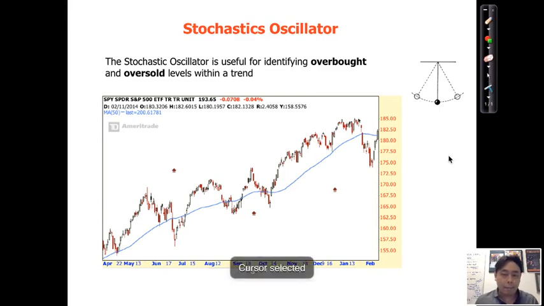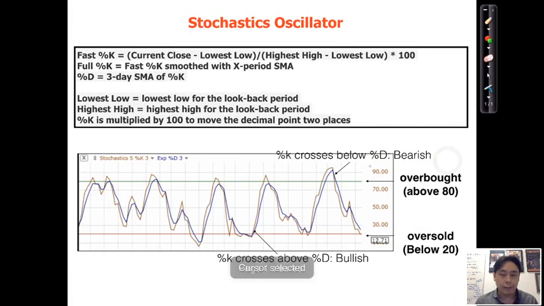So let's take a look at how to read this indicator, okay? So typically, this is how the stochastics indicator looks once you insert it into the price chart, okay? For those of you who are maths geeks and you want to know how this is calculated, that's how it's calculated, right? We've got the fast percentage K line, the full percentage K line, and the percentage D line.